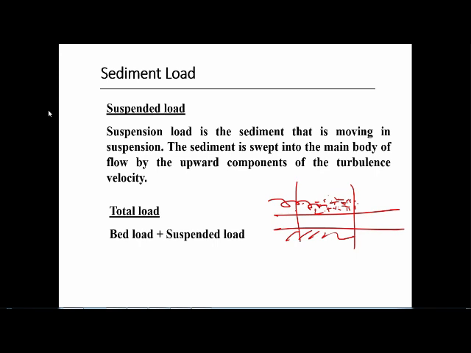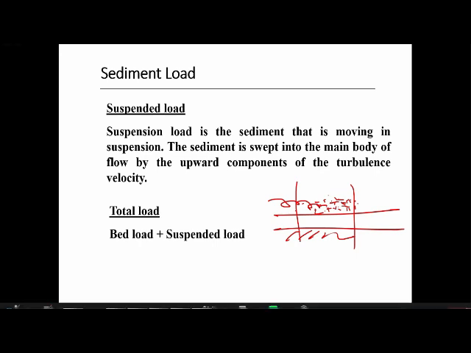And because the turbulent velocity is high in the middle of the water column, that is why your particle is always in suspension mode.